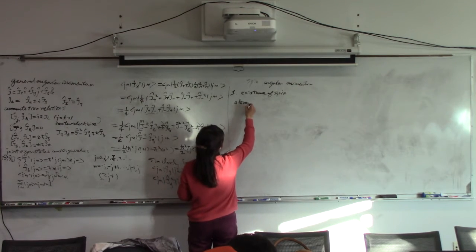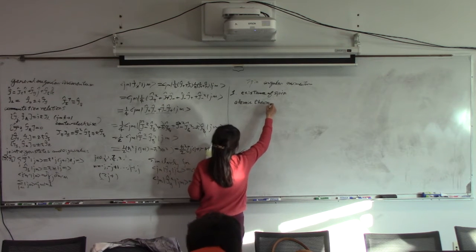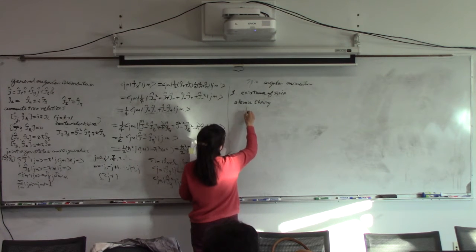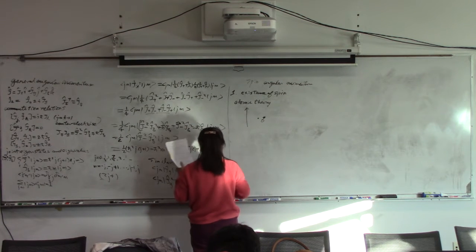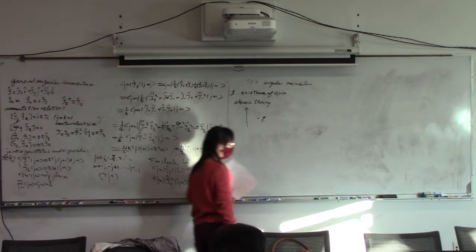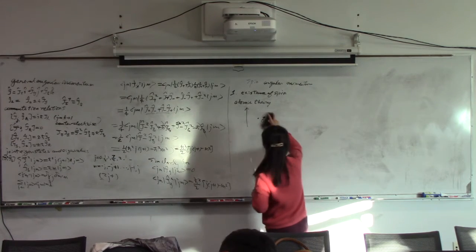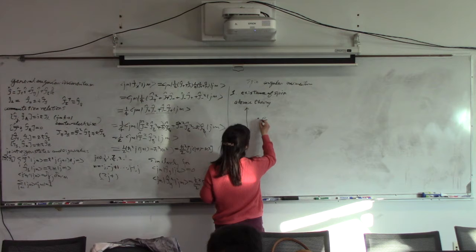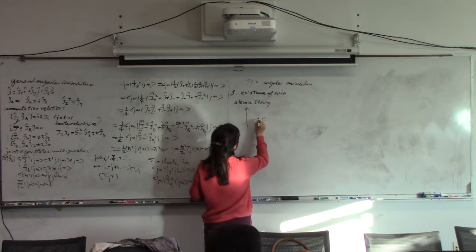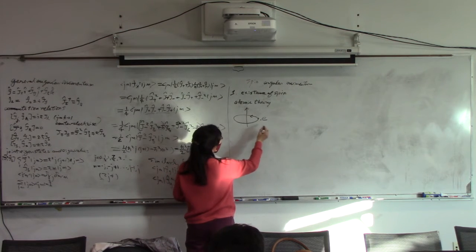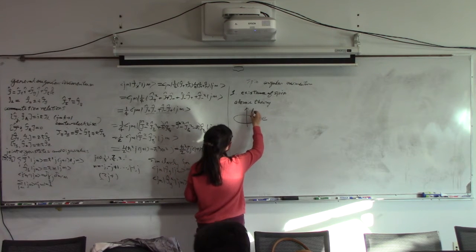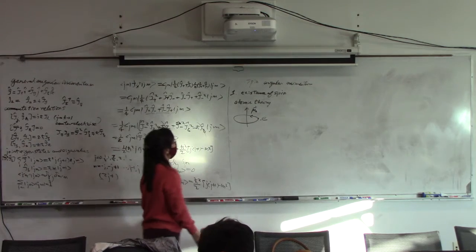Let's consider atomic theory. We know if a charged particle, or the electron, since we consider an atom, right, moves about the nucleus as a movement, right, then it makes a magnetic moment, and to distinguish it from other magnetic moments, we use mu_L.